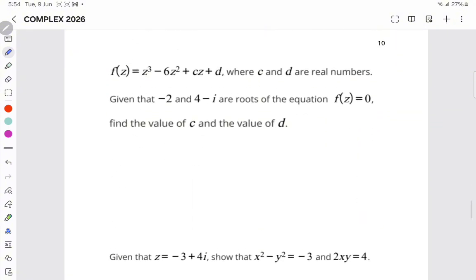And the next question, we did like it before. It's a cubic equation involving two unknowns, c and d, where the given one real root and one complex root. So you can construct the equation by finding the factor. So when z is equal negative 2, that means z plus 2 is a factor.